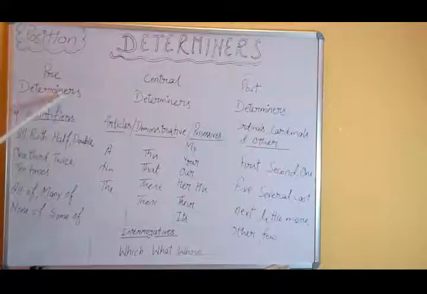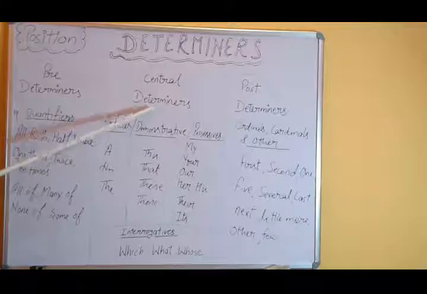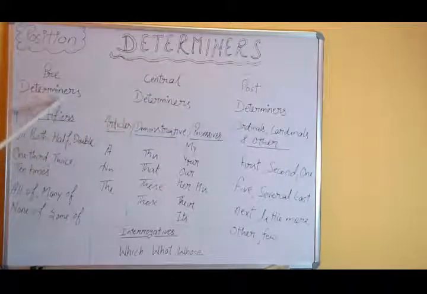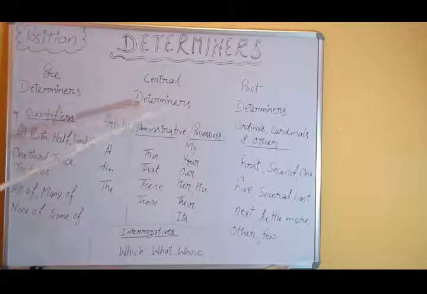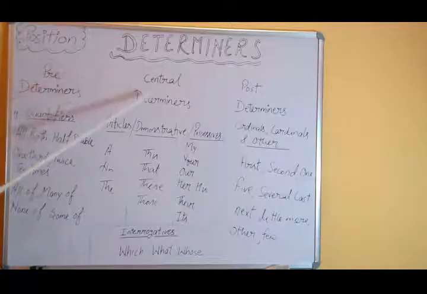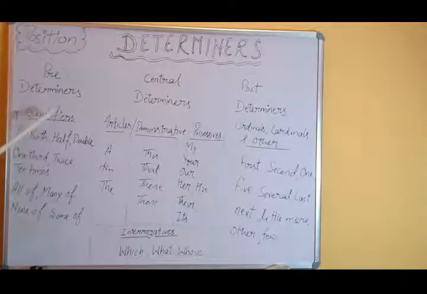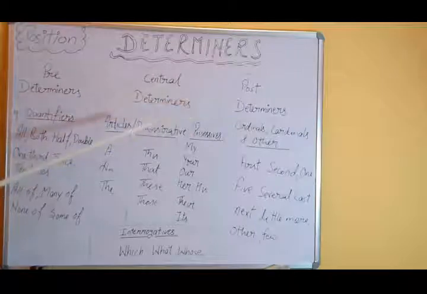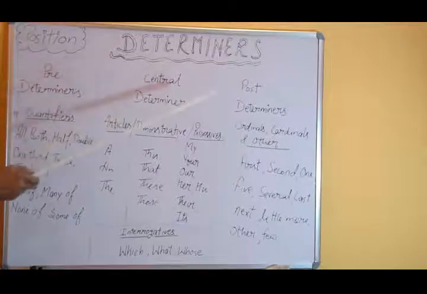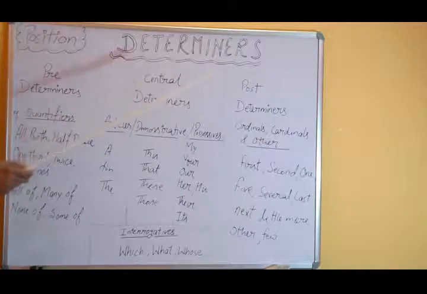These are predeterminers, these are central determiners and these are post determiners. If predeterminers and central determiners are used before noun, then their position will be predeterminers, then central determiner and then noun. अगर predeterminer में से कोई, central determiner में से कोई और post determiner में से कोई यूज किया जाता है, then their position will be predeterminers, then central determiners, then post determiners and then noun.